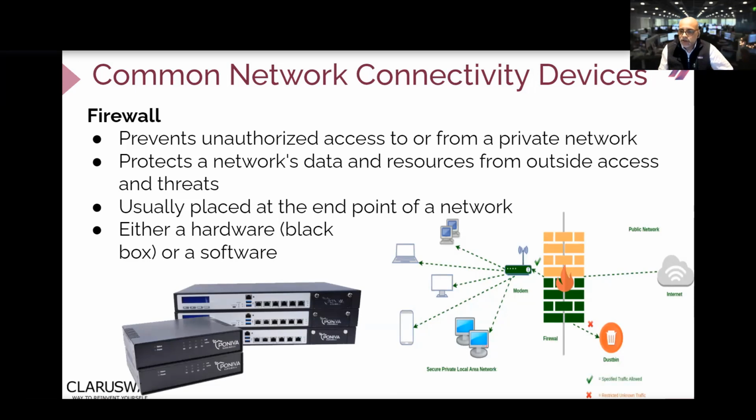Okay, so it's going to allow you to specify port, protocol, layer 4, and then IP at layer 3. And by specifying that, you are going to essentially prevent unauthorized access to your network.